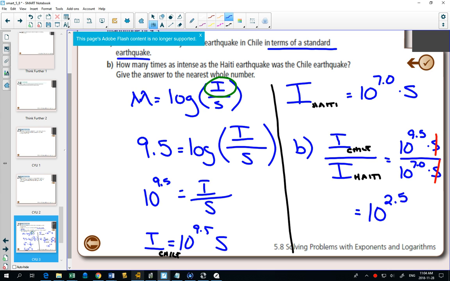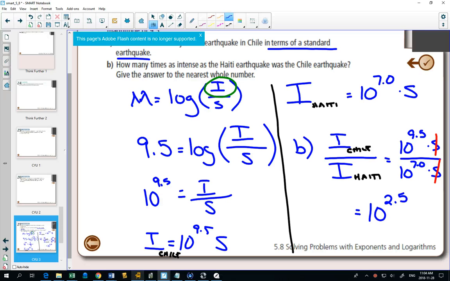Now, every time your magnitude of your earthquake on the Richter scale goes up by 1, it's 10 times more. So going up by 2 would be 100 times more. Times 10 once, times 10 again. This one's going up by 2.5.